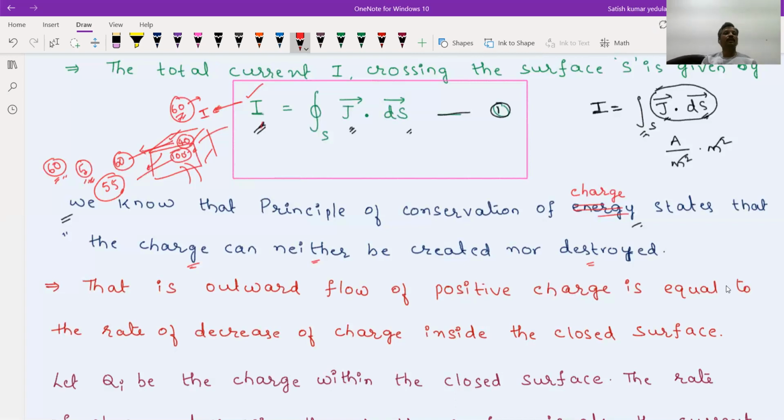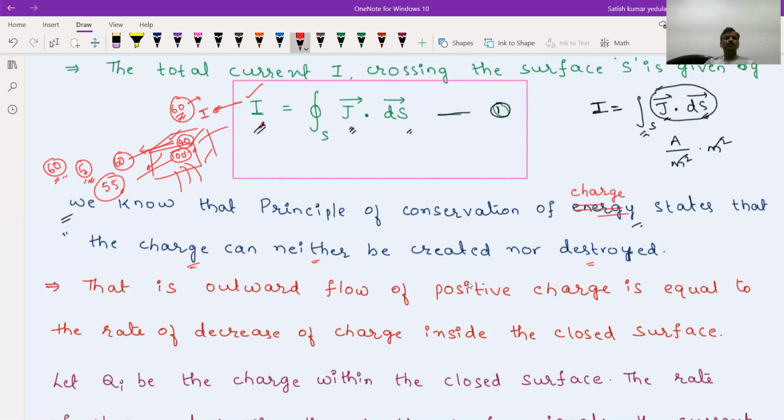Now, because of the 60 charges which are reduced in this, I am also going to write one expression. That is obtained from the law of conservation of charge. The law of conservation of charge says charge can neither be created nor destroyed.